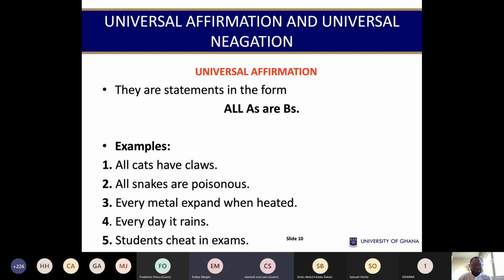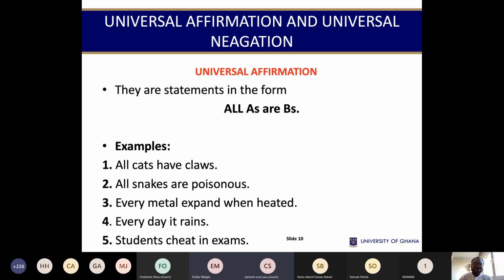The next, look at example 5. Students cheat in exams. Students, it means once you see someone who is a student, automatically the person must cheat in exams.